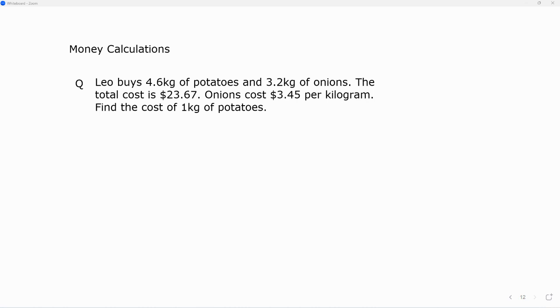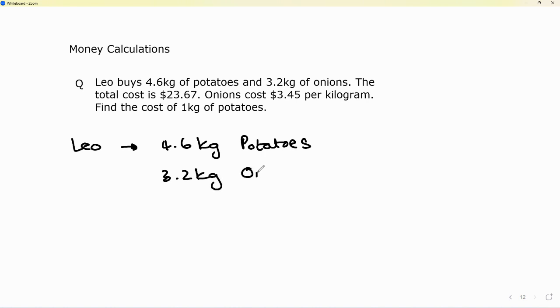All right, let's go through this question over here. This is a money calculation. It says Leo buys 4.6 kilograms of potatoes. Let's write this down. So Leo is going to buy 4.6 kilograms of potatoes and 3.2 kilograms of onion.